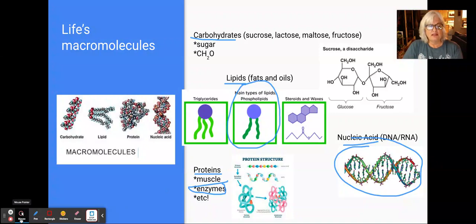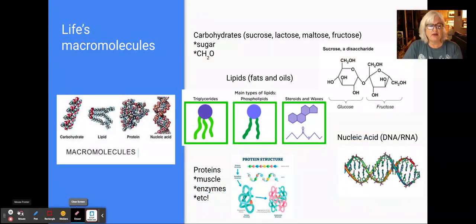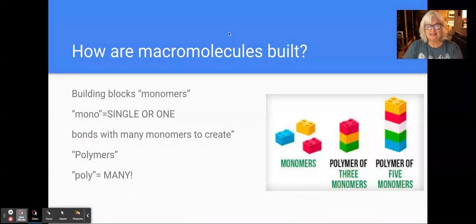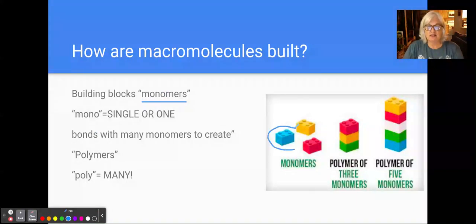Okay. So now let's talk real quick about how they're built, because all of these macromolecules are built somewhat similarly. I like to compare it to Legos, but let's look at some of our terms here. We have these things called monomers. So a monomer is like a single Lego block.